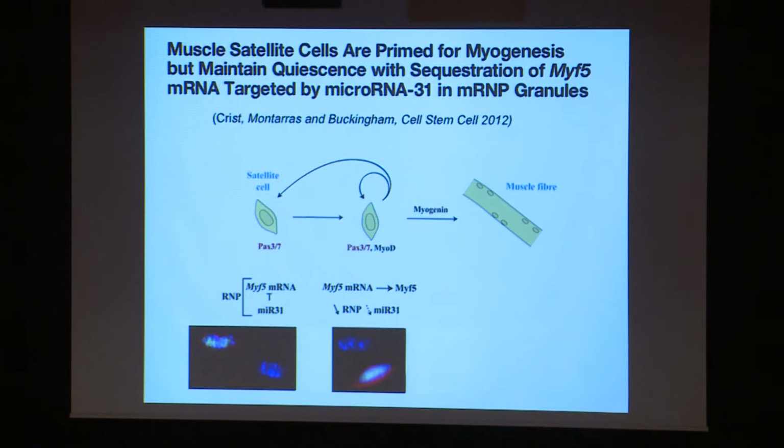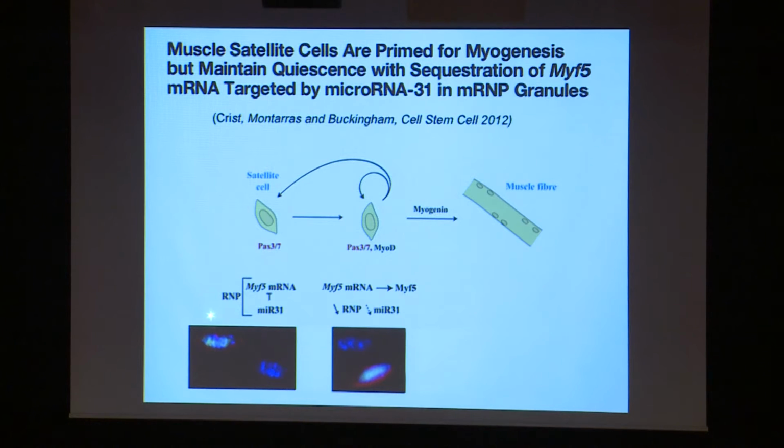And very interestingly too, and this is why I'm showing this picture here, this MID5 mRNA in the quiescent satellite cells is present in granules, which are storage granules, where it appears that the MID5 mRNA would be captured and sequestered, and this sequestration would be favored by the association with the miR31.